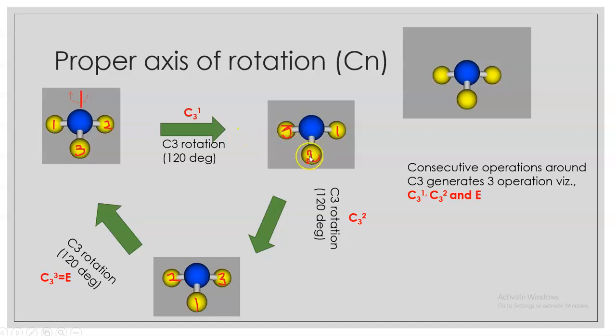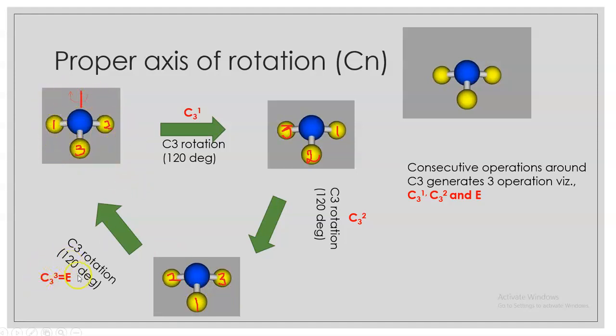So, once again when you are going to rotate it 120 degrees, you are performing C3-2, that is you are rotating around the C3 axis for the second time. So, this is called C3-2. So, you are getting a new appearance which is different from that of these two. Once again when you are performing a C3, once again rotation through 120 degrees takes place and you are getting the molecule which you took already, that is identity.